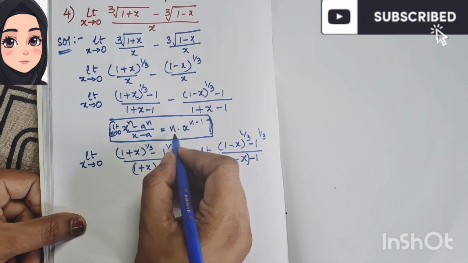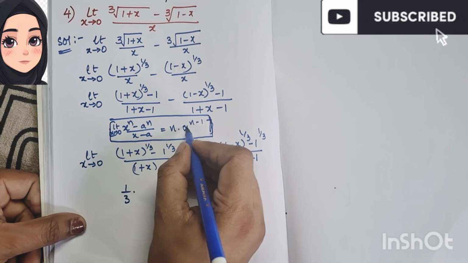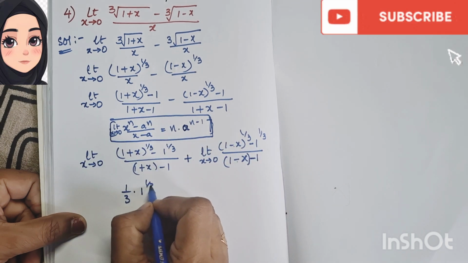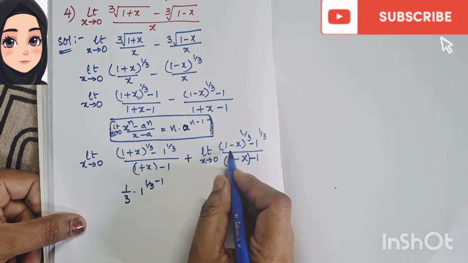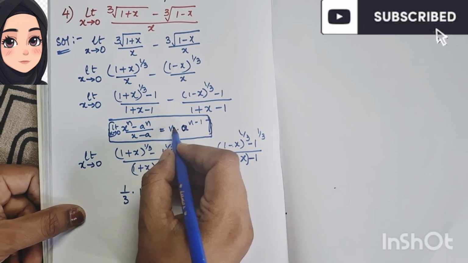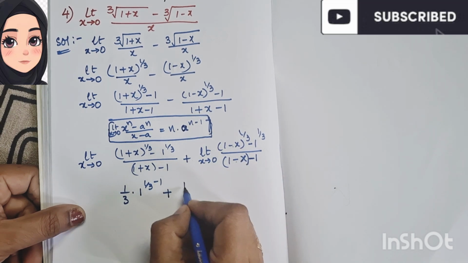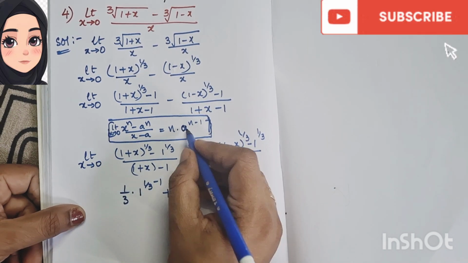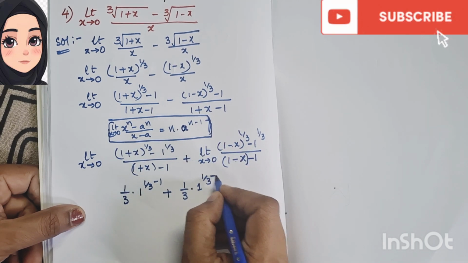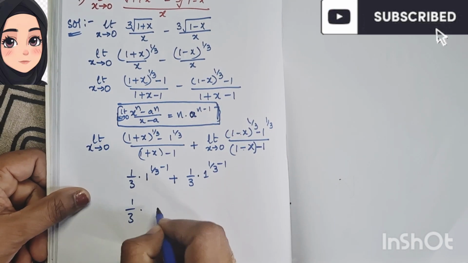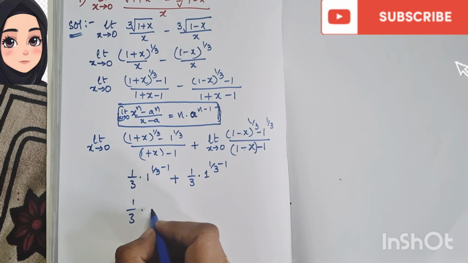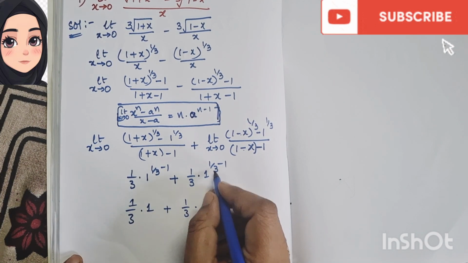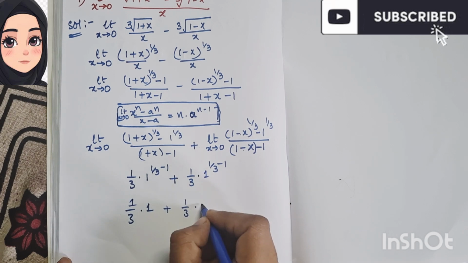We get n means 1 by 3, into a power n minus 1, where a means 1 here and n means 1 by 3. Applying the limit, we get 1 by 3 into 1 power (1 by 3 minus 1), plus 1 by 3 into 1 power (1 by 3 minus 1). Whatever the power, 1 power anything is 1 only.